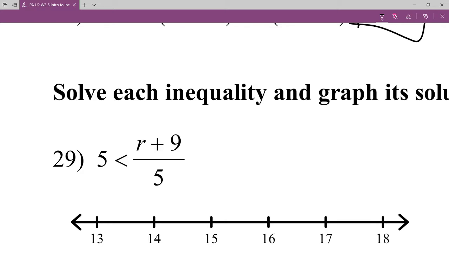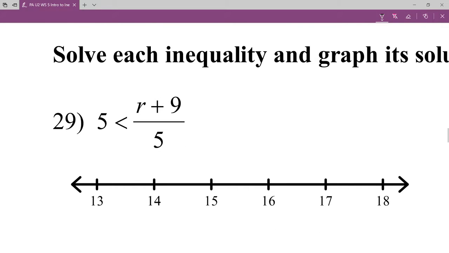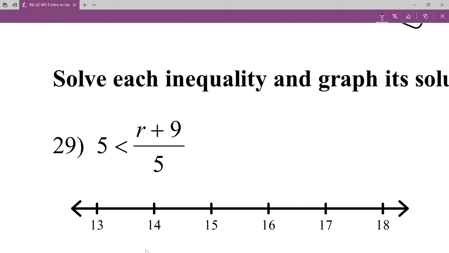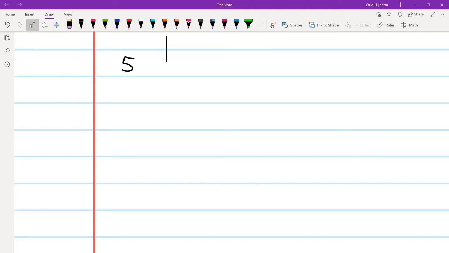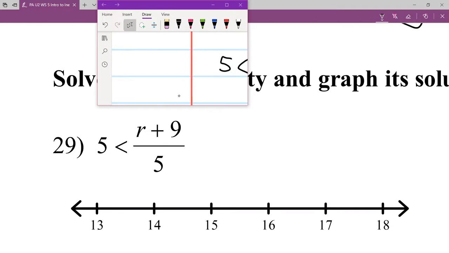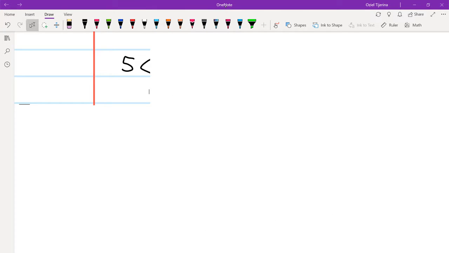Okay, this one talks about solving inequalities and then graphing them on the real number line. So you have 5 is less than r plus 9 over 5, my bad, sorry.